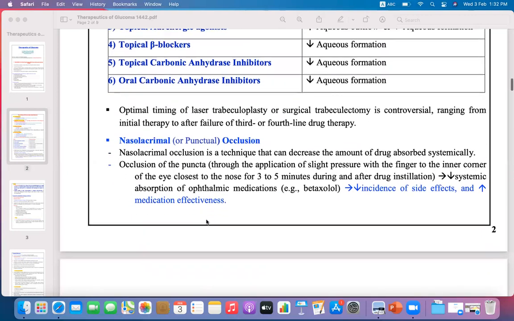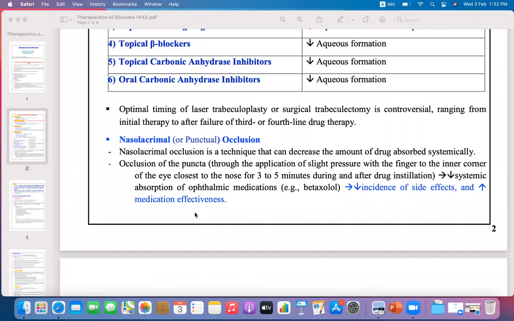Now there is one technique, nasolacrimal or punctal occlusion. This nasolacrimal occlusion is a technique that decreases the amount of drug absorbed systemically. It is occlusion of the punctum through the application of slight pressure with the finger to the inner corner of the eye, close to the nose, for 3 to 5 minutes during and after drug instillation.